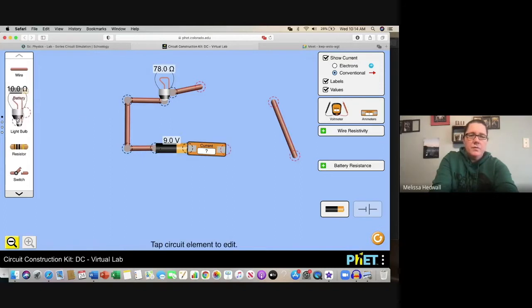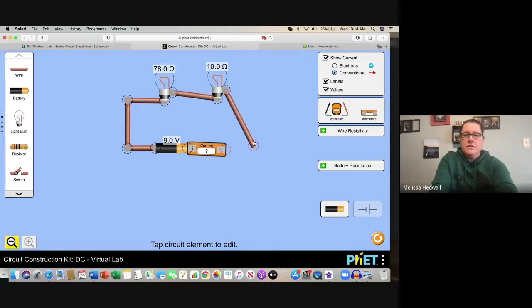Remember, when you're connecting a second bulb, it'll go from the side of one to the bottom of the other. So this wire comes in the bottom, goes out the side. The side goes to the bottom, and then you have another wire that'll go out the side. So the current goes through the bulb and not just by the bulb.